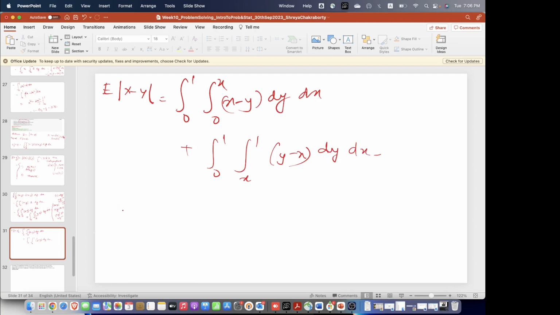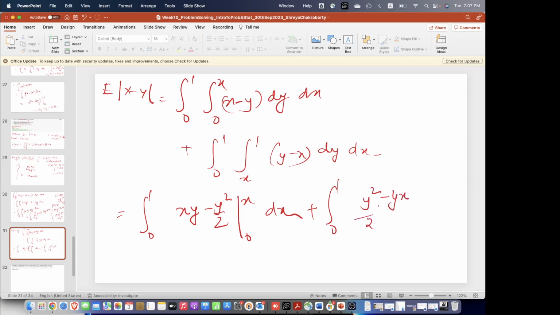So this one we can write as the integral from 0 to 1 of xy minus y square by 2 at 0 to x dx, plus the integral from 0 to 1 of y square by 2 minus yx at 1 to x dx.